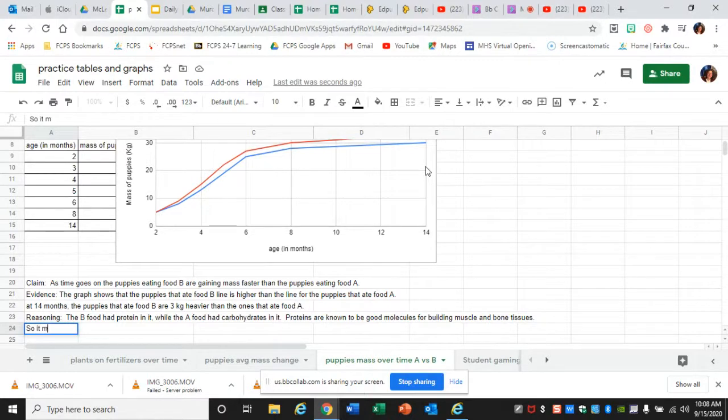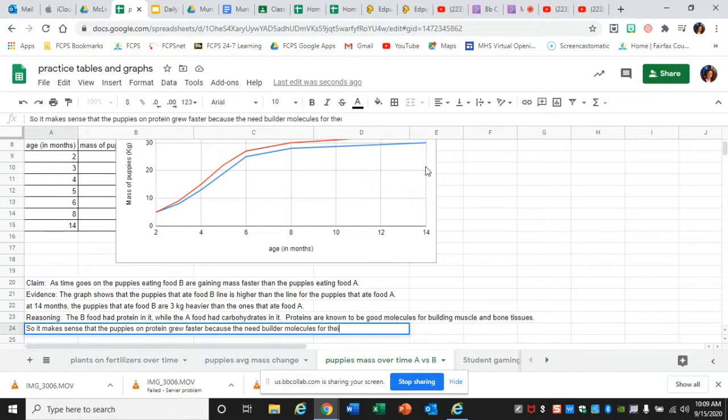So it makes sense that the puppies on protein improve because they need builder molecules for their growing muscles and bones.